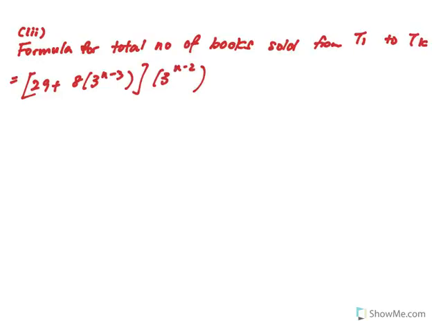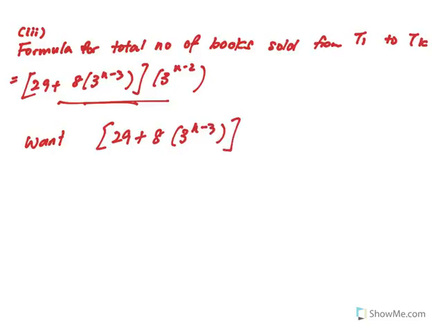So what do you mean? We want this to be less than or equal to 20,000. What's the greatest value of n such that the books will not be out of stock? It means we do not want it to be more than 20,000. So we want 29 plus 8, 3 to the power of n minus 3, 3 to the power of n minus 2 to be less than the amount of stock we have, which is 20,000.